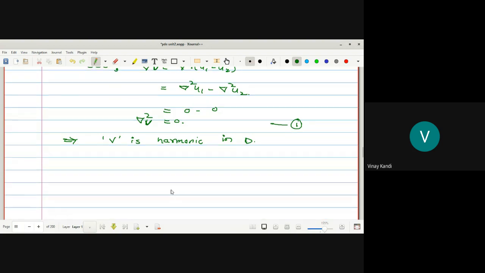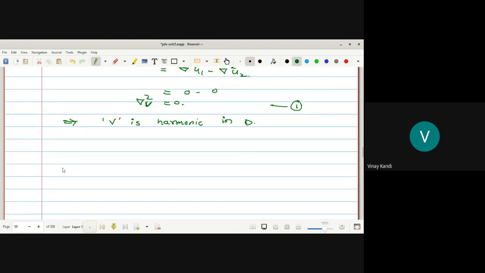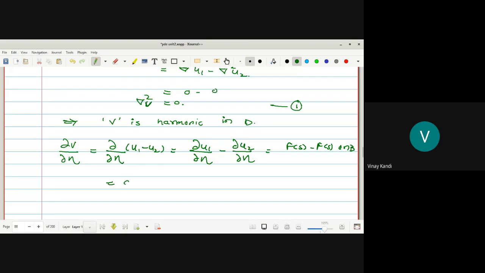Okay, now dou V by dou eta is equal to dou by dou eta of u1 minus u2, is equal to dou u1 divided by dou eta minus dou u2 divided by dou eta, is equal to f of s minus f of s on B, which is equal to 0 on B. Okay, give it an equation number 2.